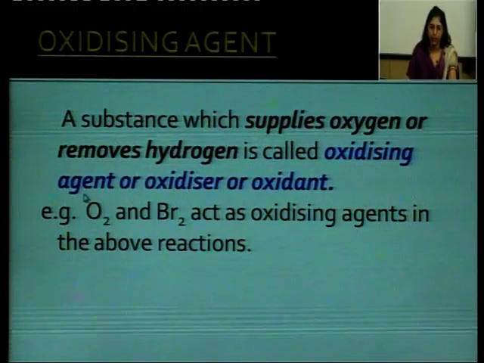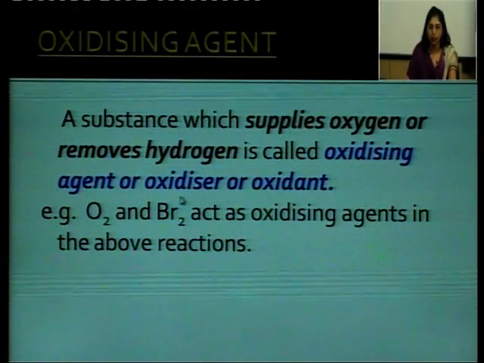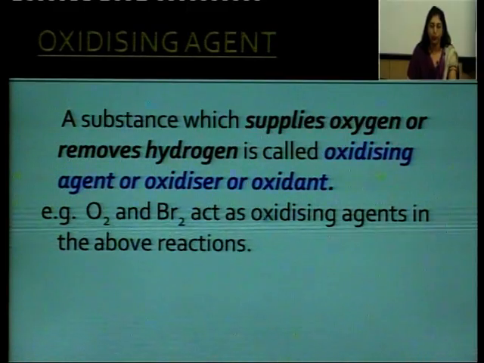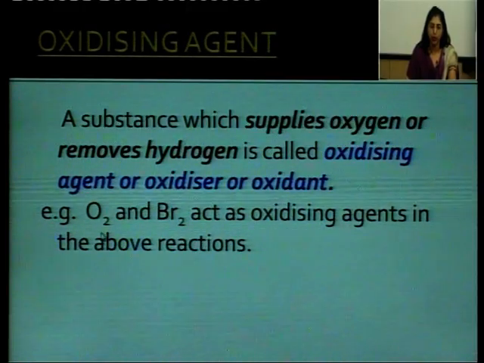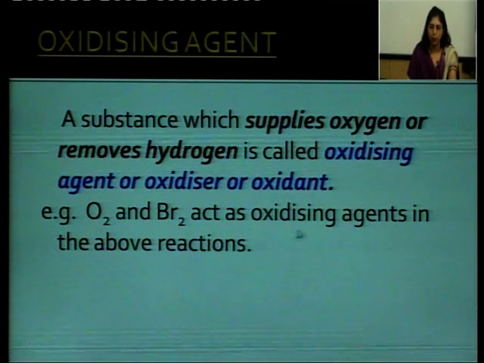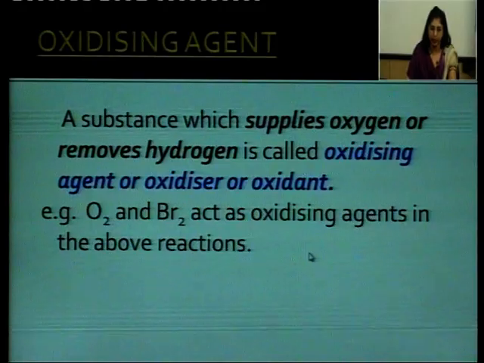This oxidizing agent is also known as oxidizer or oxidant. For example, in the above explained examples, O2 and Br2 act as oxidizing agents.